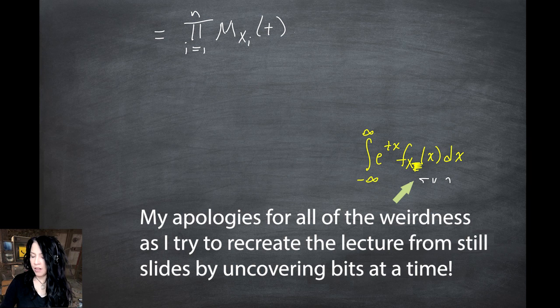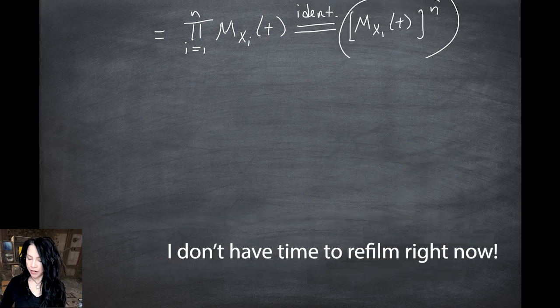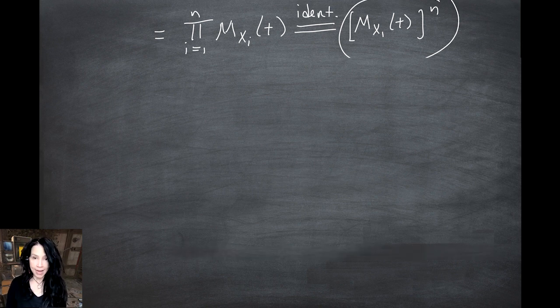And if they all have the same PDF, so rather than using xi here, I'm just going to use f sub x, then the integrals are all going to be the same. So by the identicalness of the xi, this is going to be the moment generating function for one of them to the nth power. So what we've just shown is that if you sum up IID random variables, the moment generating function of the sum is one of the original moment generating functions to the nth power.